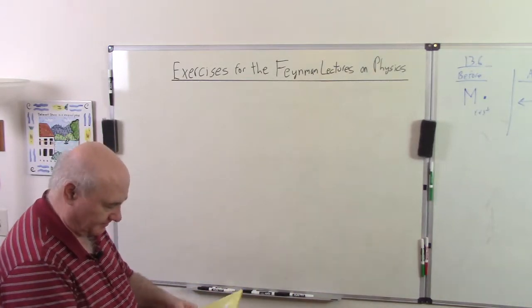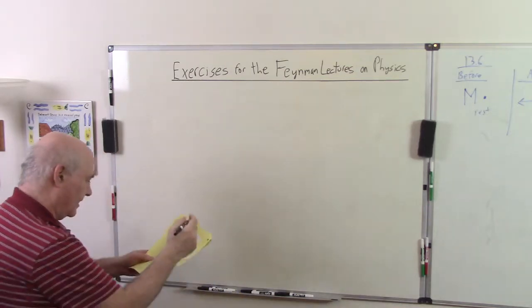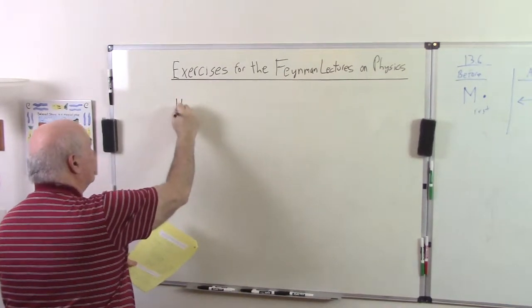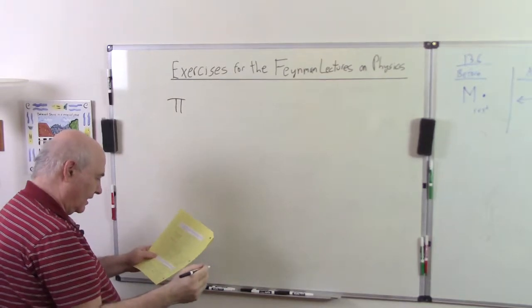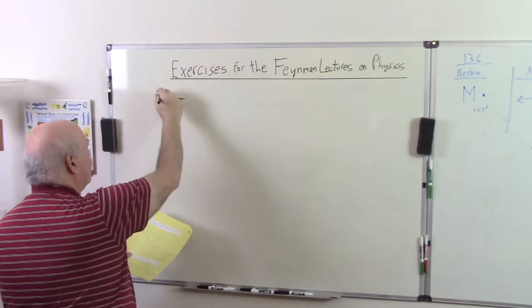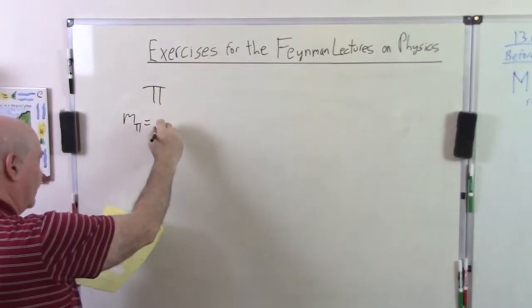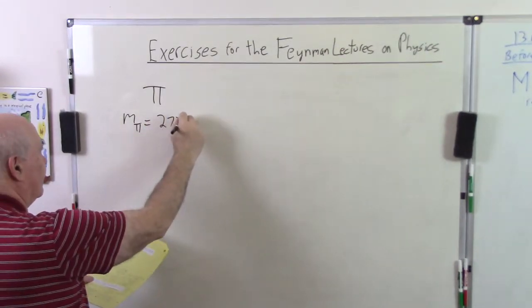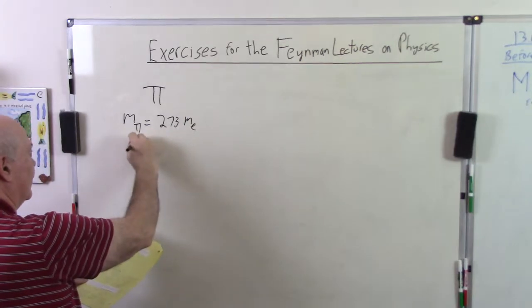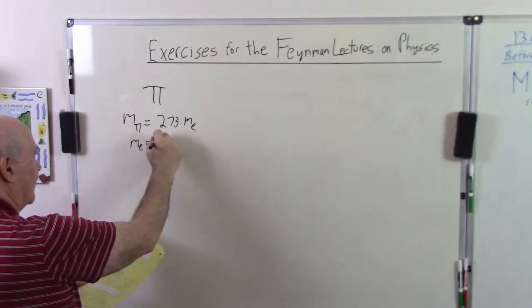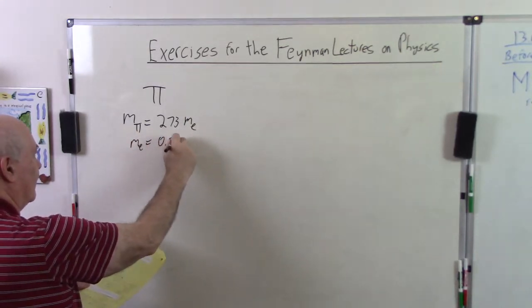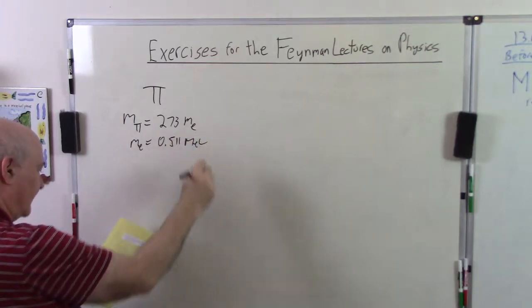So here's a problem. A pion, we usually use that symbol. Its mass, m pi, is equal to 273 times the mass of the electron, and the mass of the electron is 0.511 MeV.